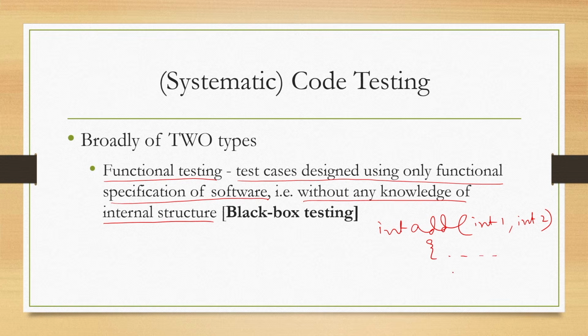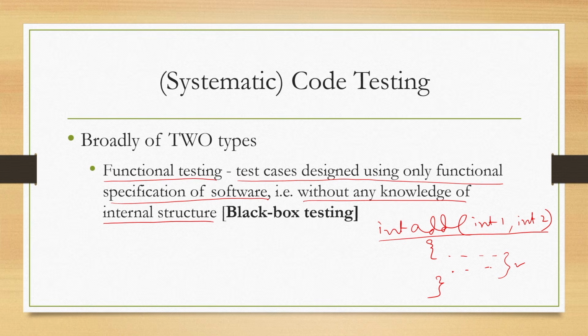So, there are some statements and this is the function. So, when we are testing, we design the test case based on only the definition of the function. That means, it takes as input 2 integers and produces as output 1 integer, rather than what is written inside the body of the function. So, this body we simply ignore and we test based on the definition of the function.